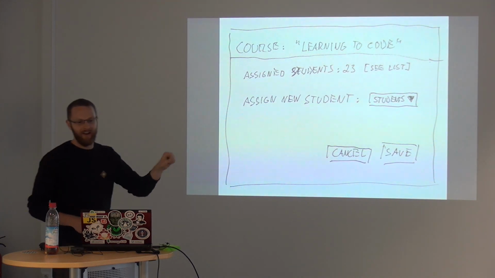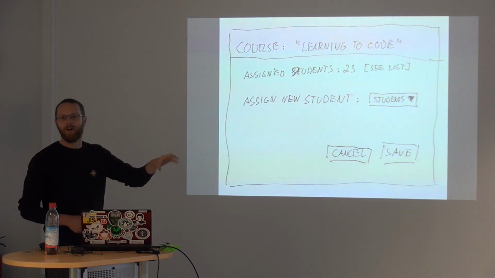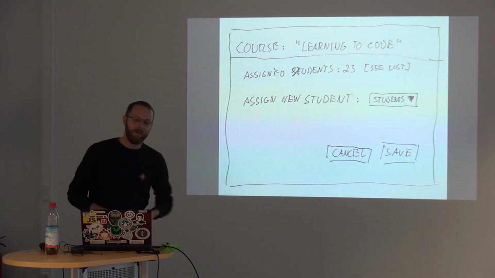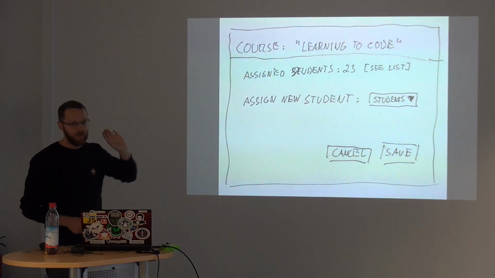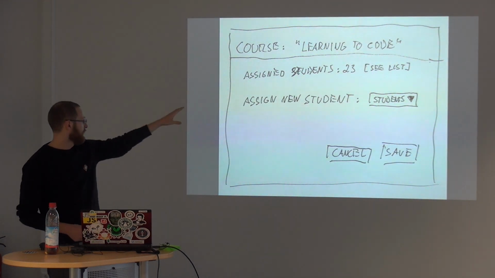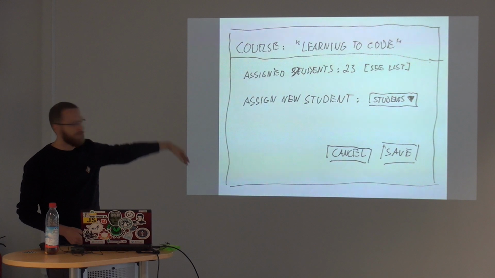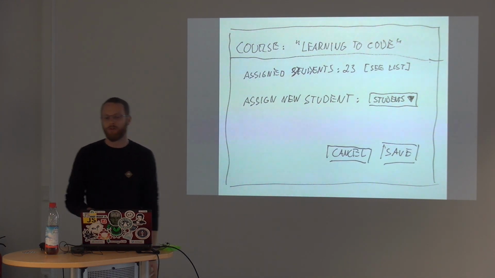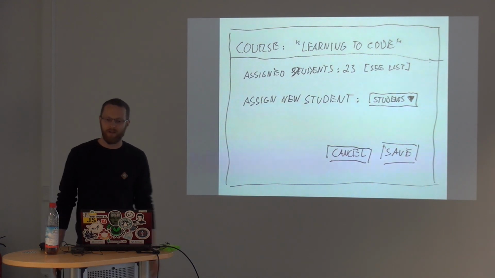And actually, I painted it while I was in the bus, so it was bumping. But what we see here is basically what we defined before with our schema, just with a save button added. So we have this course and the name, and we assign a new student, and maybe select from the students, and then we hit save. So we store the whole schema into the database.